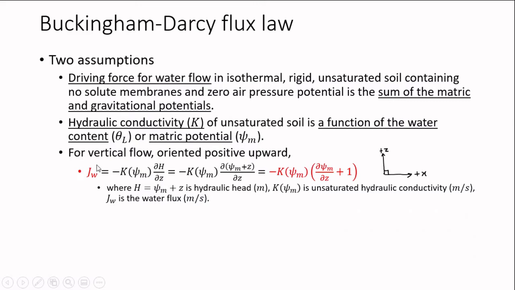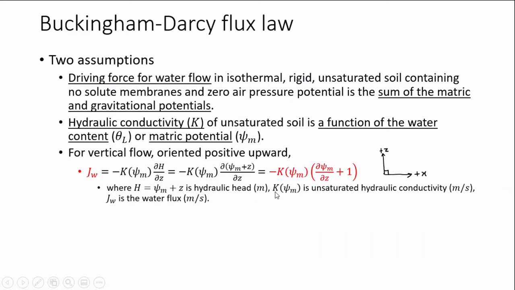So the JW, water flux, equals negative unsaturated hydraulic conductivity, so it's K as a function of matric suction, and then multiplied by the derivative of H over the derivative of Z. So it's a spatial derivative of H, then equals minus K as a function of matric suction, and then the derivative of H. The H here is given by matric suction plus Z, which is the elevation, and together they are called hydraulic head.